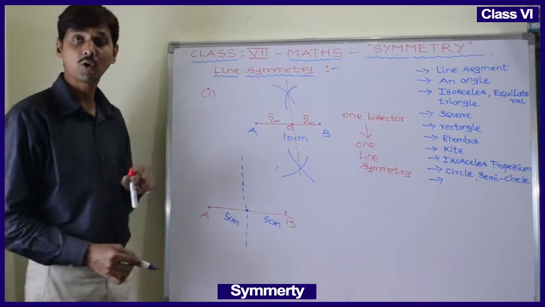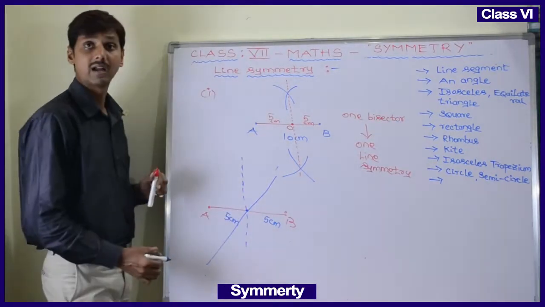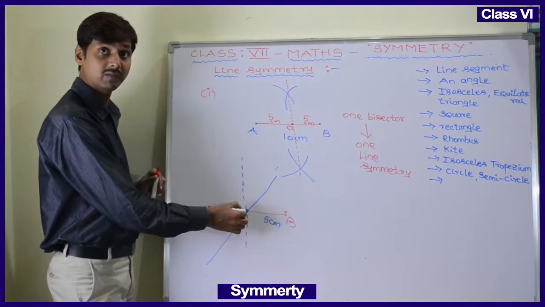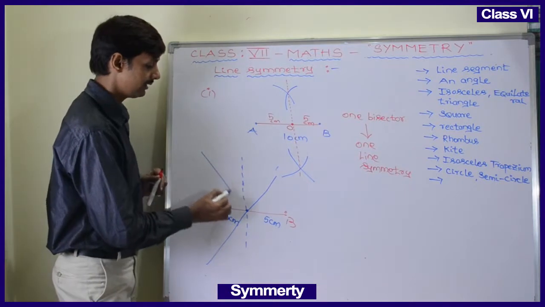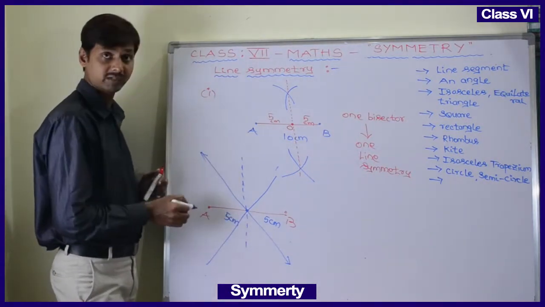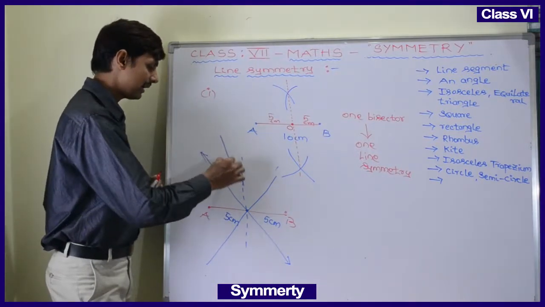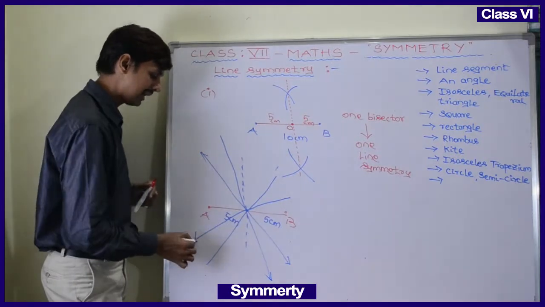Along with this point we draw any other line, and this line also will divide the line segment into two equal parts. We can take another line which will also divide it into two equal parts. In that way we can draw infinite lines for this line segment.